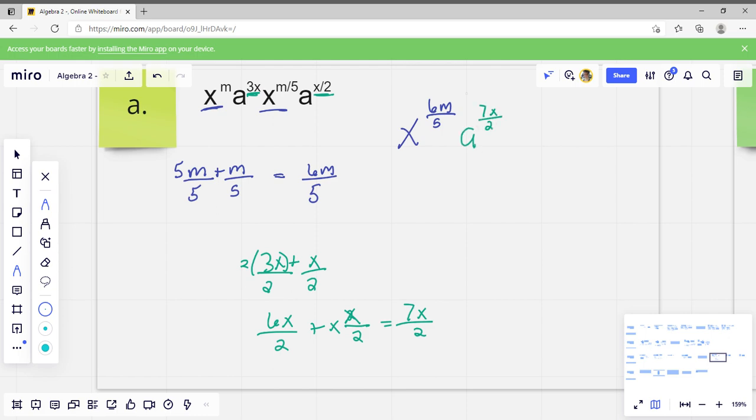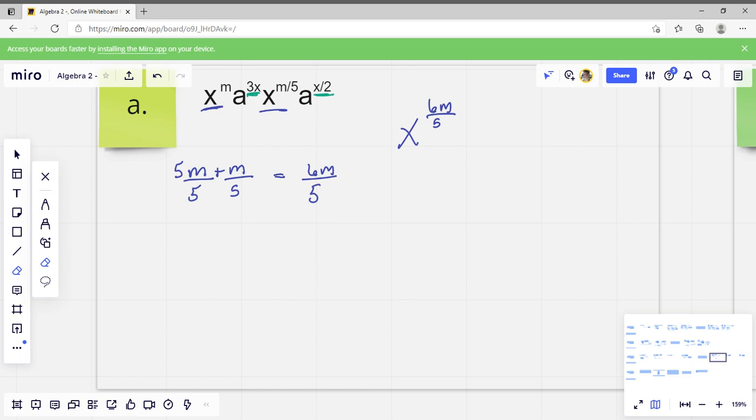Let me double check that. Whoops. I did 2 when it was supposed to be a 5 down here. You guys probably caught that. Fix that. Okay, in the book, there it is. x over 5. I went with the wrong one. Okay, that's my a.